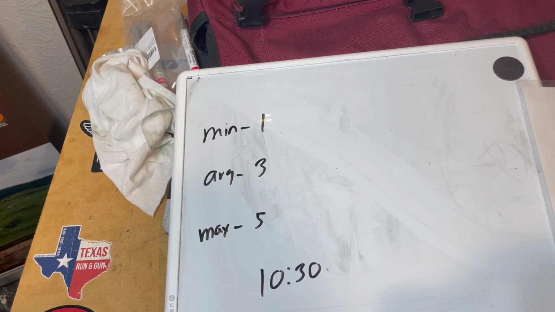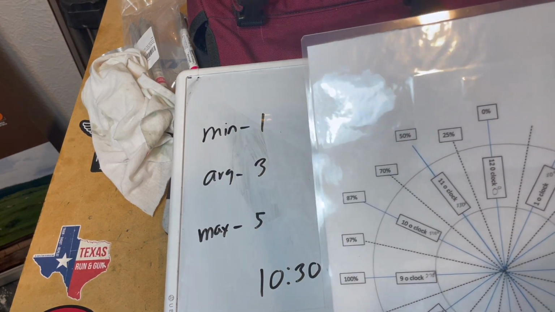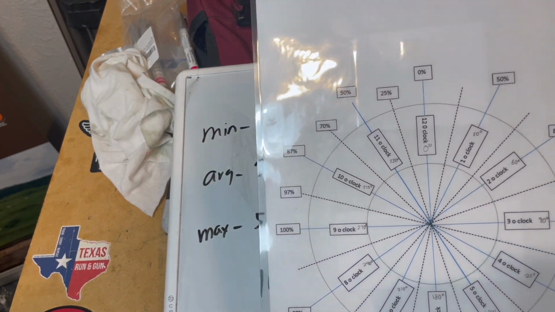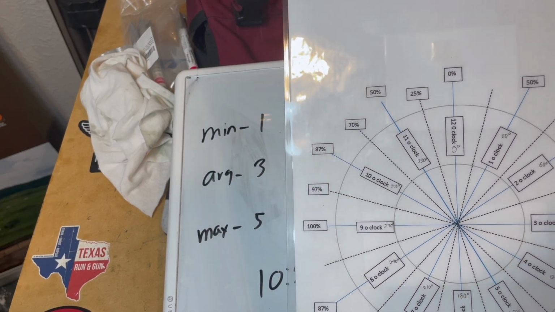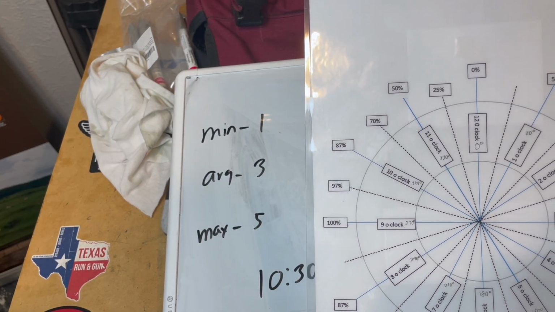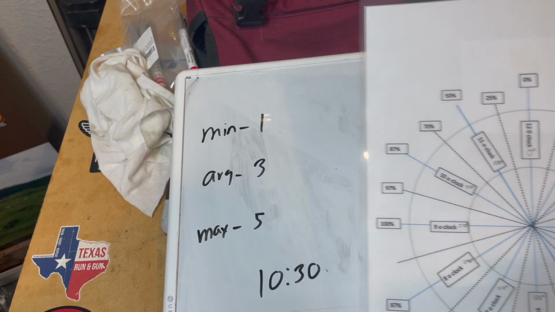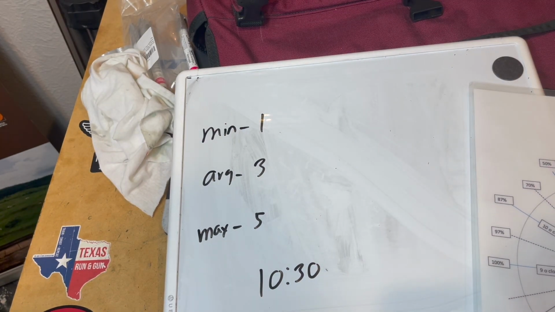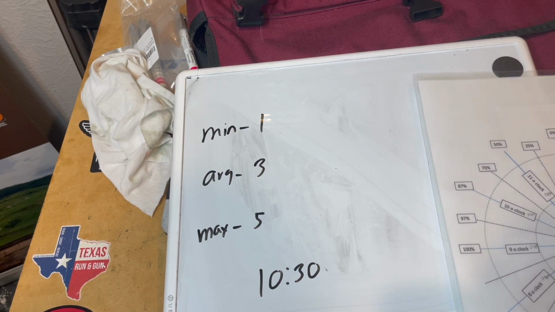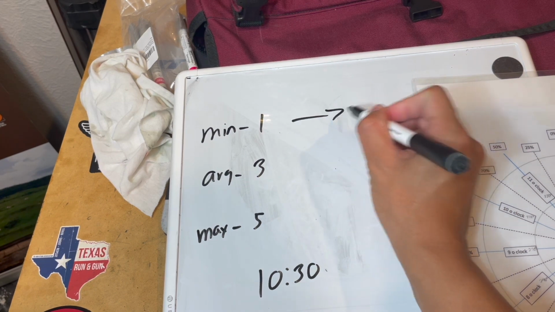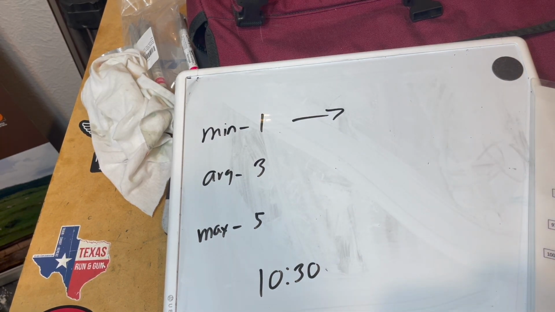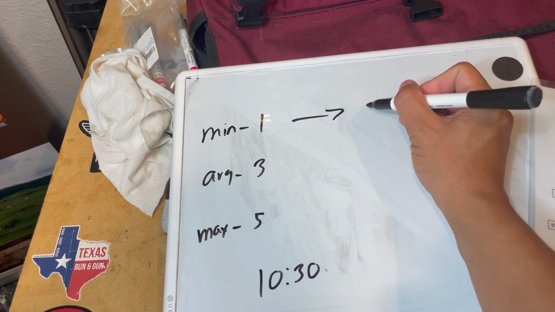And let's say the wind was coming from 10:30 in relation to your target. We know from the previous video, if you have your wind rows memorized, or if you look at your wind rows, that 10:30 is a 70% value. So if I'm going to convert this to full value, then this is going to be 1 times 70% is 0.7.